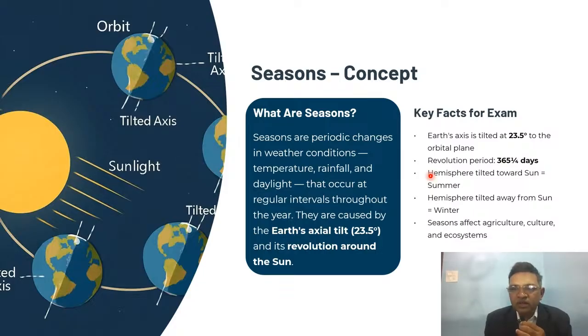The hemisphere tilted towards the sun has summer, so it is very near in the summer, and the hemisphere tilted away from the sun has winter. Seasons affect agriculture, culture and ecosystem. So that is season, and from an examination point of view you can remember the same.